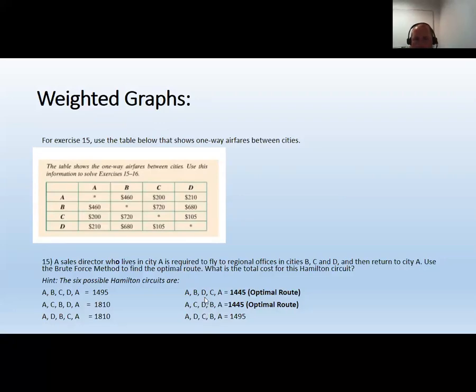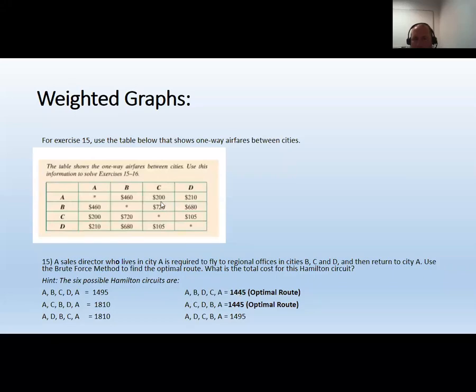And so basically, you calculate the total weight for each circuit, and the optimal route is the one that has the lowest value.